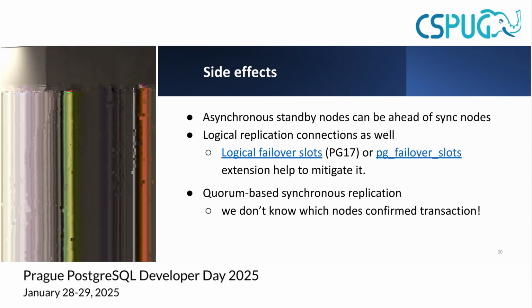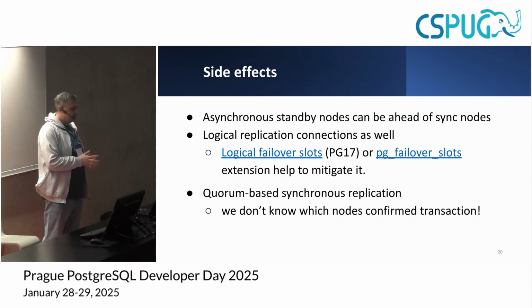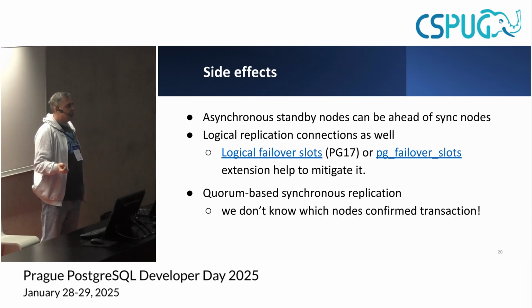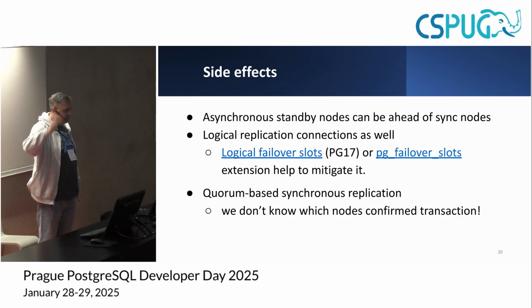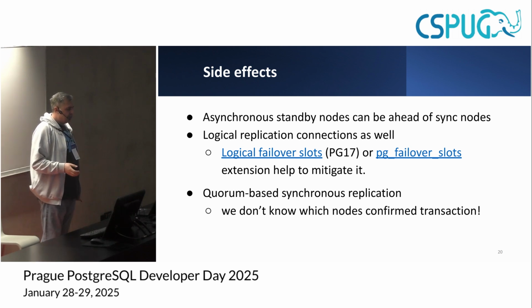What is even funnier is that an asynchronous standby, in fact, could be ahead of synchronous nodes. They could be applying commit records faster than a synchronous node. Let's say the primary is still waiting for synchronous standby names, for synchronous nodes to confirm, but the primary failed. And the synchronous standby could be behind the asynchronous node; it's possible.